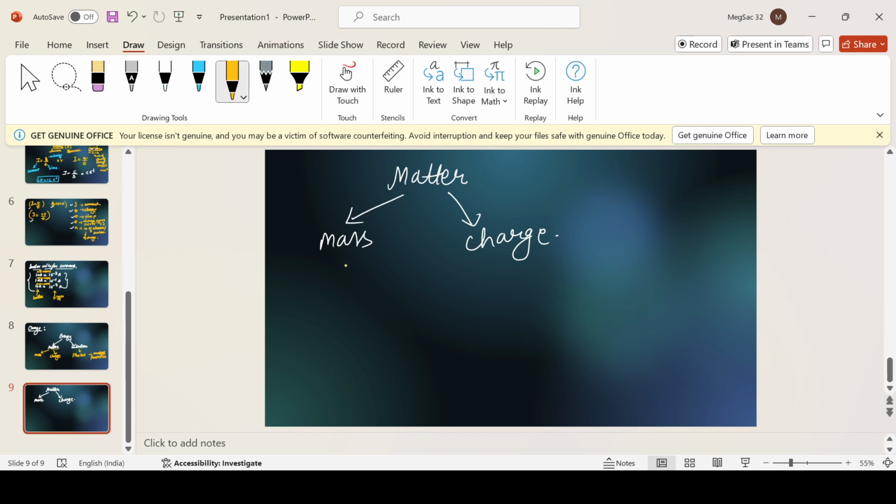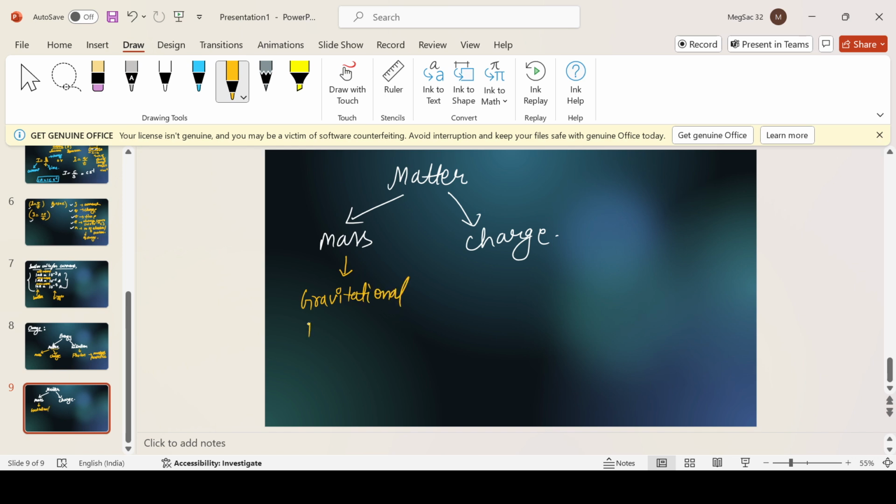Now mass. When the particles of the mass apply the force, then because of this mass, the force which is being generated comes under the part of gravitational force.